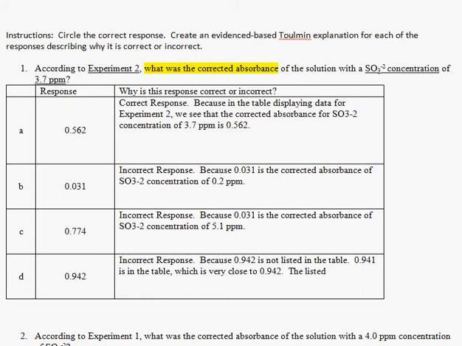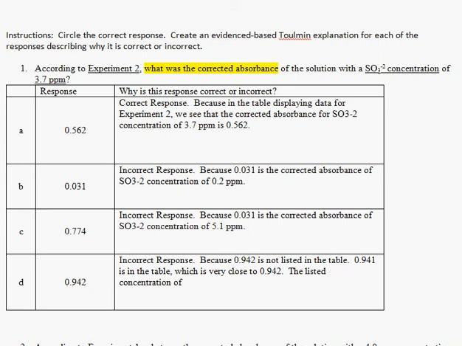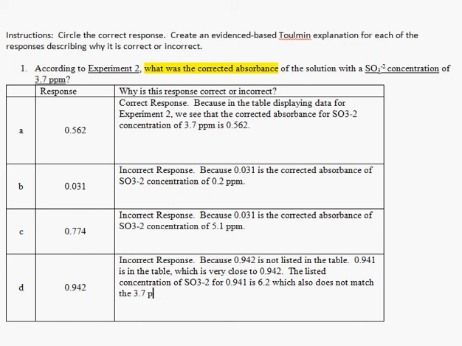The listed concentration of SO3 minus 2 for 0.941 is 6.2, which also does not match the 3.7 ppm we were looking for. Okay? So either way, this is an incorrect response.